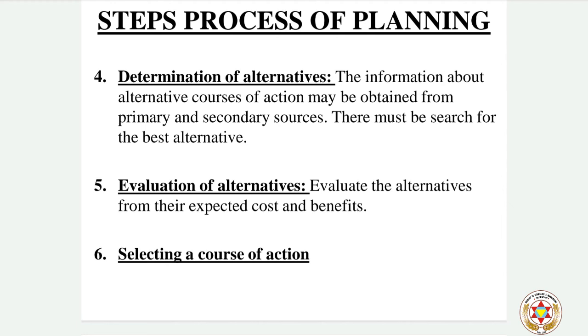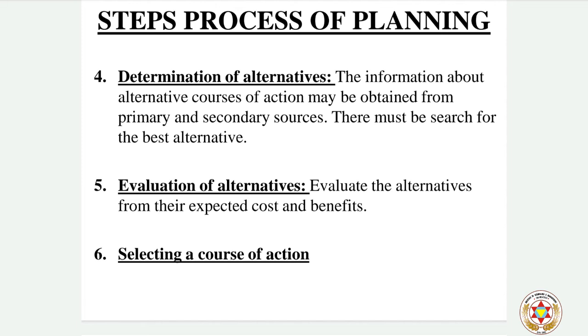The fourth step is the determination of alternatives. Information about alternative courses of action may be obtained from primary and secondary sources. There must be a search for the best alternative, and the management must develop alternatives with the support of experienced and intellectual experts in the management sector. The fifth step is evaluation of alternatives. Here the expected costs and benefits are estimated.